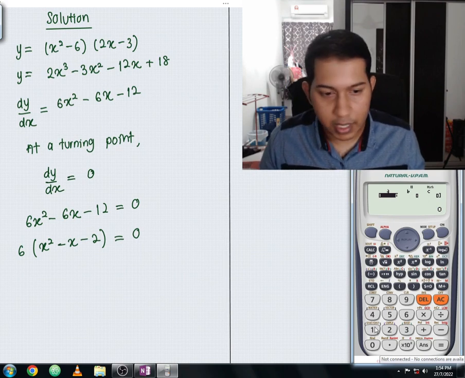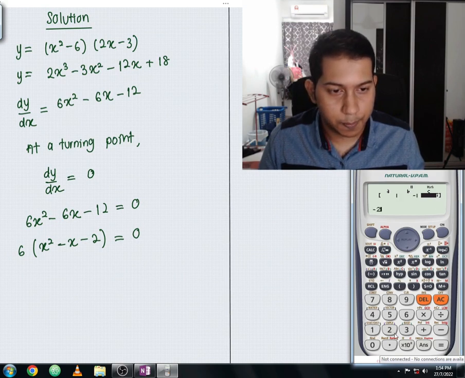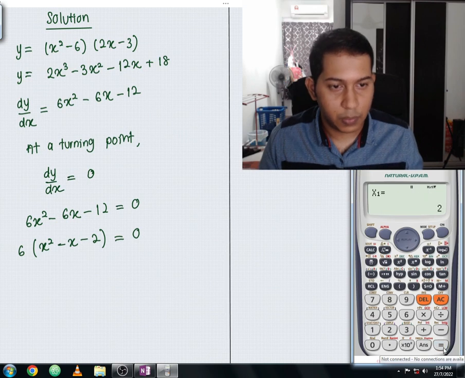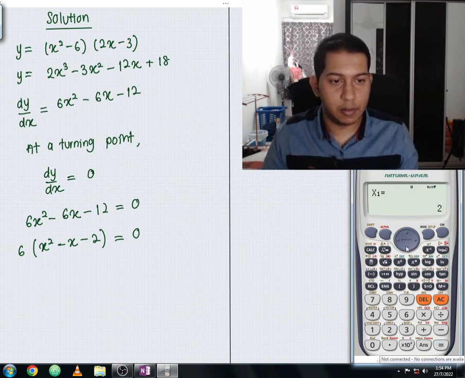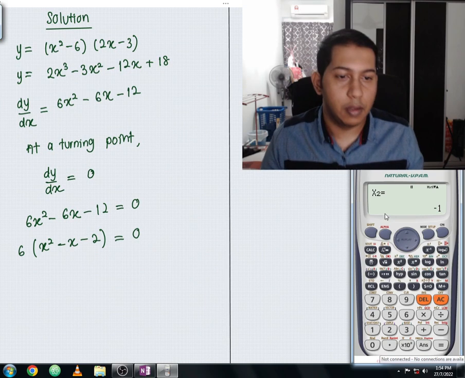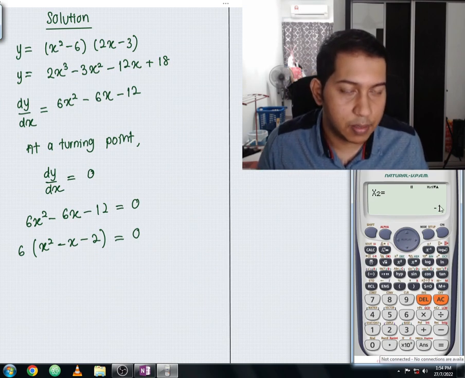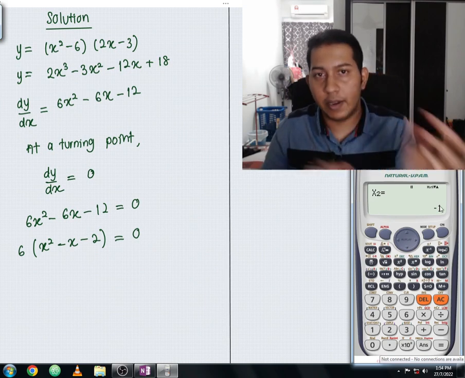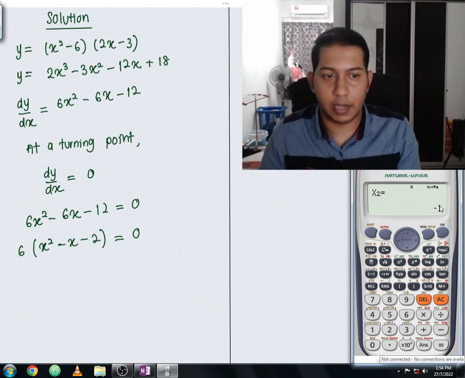Okay, for the coefficient A is 1, coefficient B is negative 1, coefficient C is negative 2. Okay, so you get x equals to 2 and x equals to negative 1. So when you are writing this in the working, it should be the other way around.